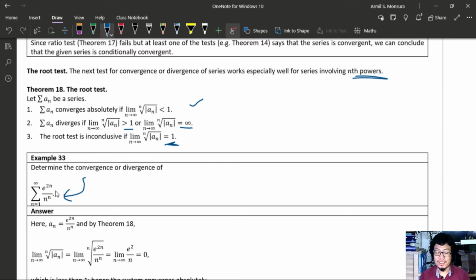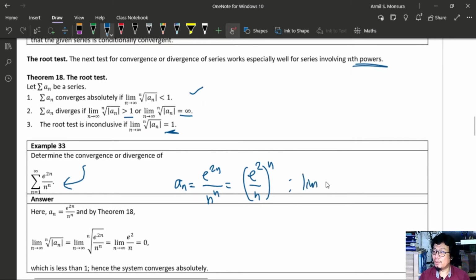So in this case, the root test is very convenient to apply. We find that a n here is e raised to 2n over n raised to n, or basically, let's have this to be e squared over n raised to n. That's your a n.